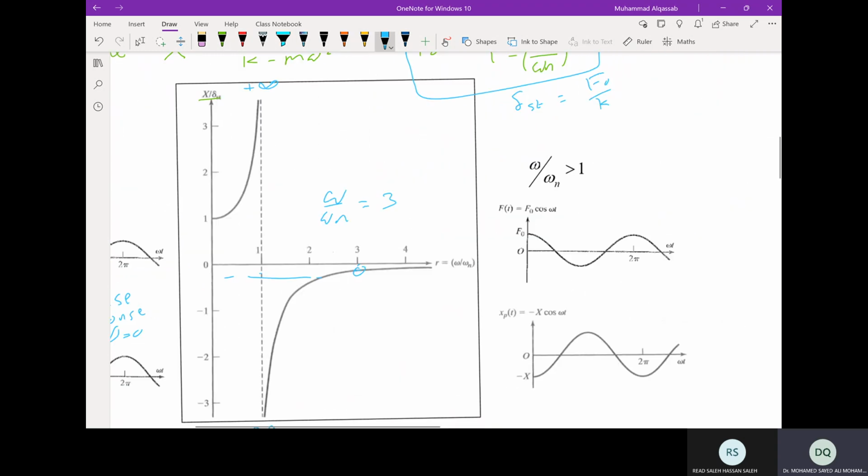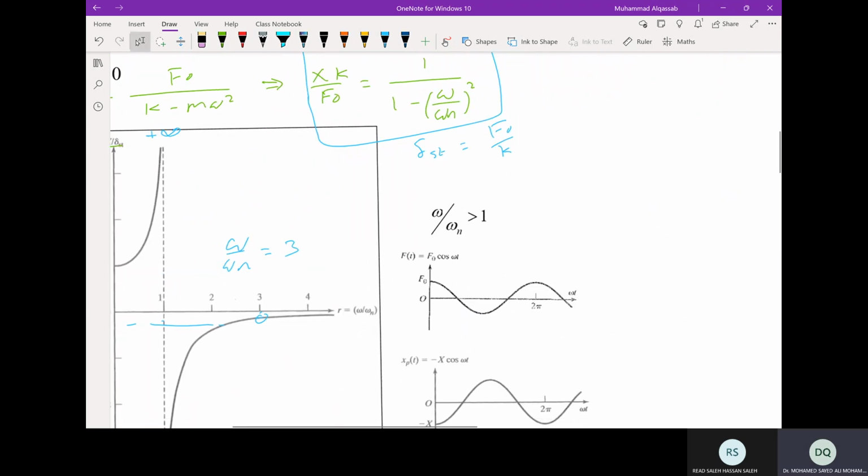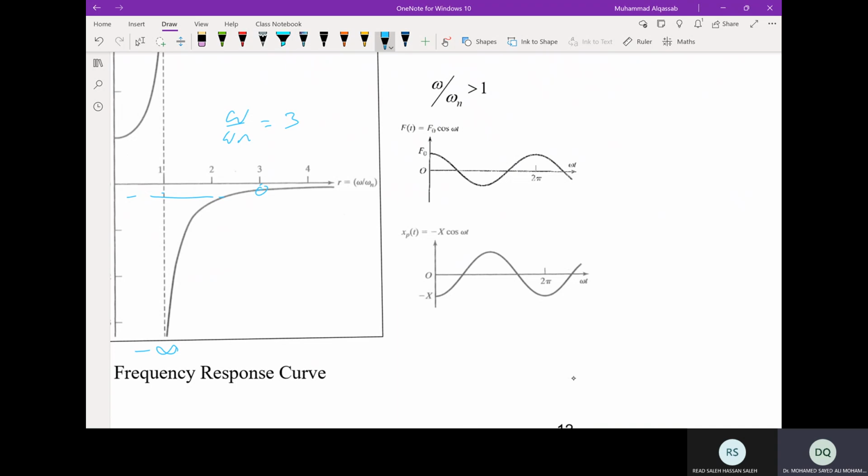Okay, the case when omega over omega n is greater than 1. As you can see from the graph and from the equation, when omega over omega n is greater than 1, we get a negative quantity for the amplitude ratio. The force is repeated here, which is F naught cosine omega t. But the response, the particular solution, is going to be negative when the force is positive.